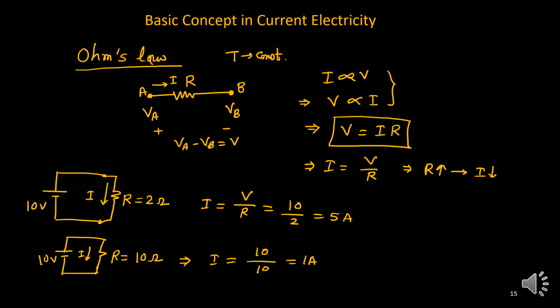So if the resistance value is more, you will get less current. That's very simple. Now if the circuit has more than one resistance, how do we tackle it? That we will discuss.